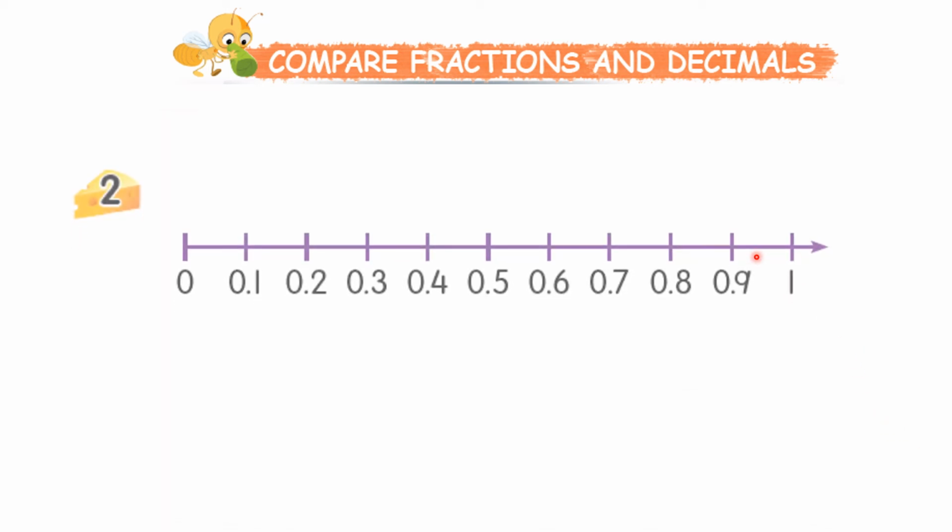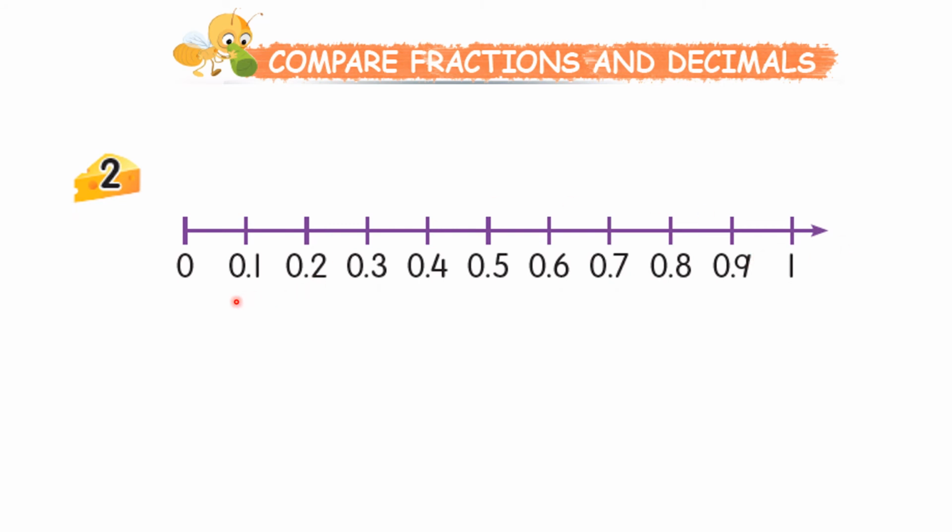Next example. We are using a number line. Look here. This is in decimals down here. 0.1, if we convert to a fraction, becomes 1/10. And then 0.2 is 2/10, and so on with 0.3 until 0.9.